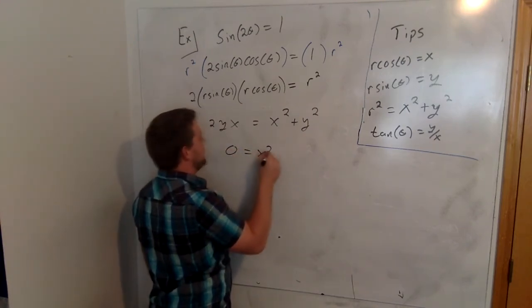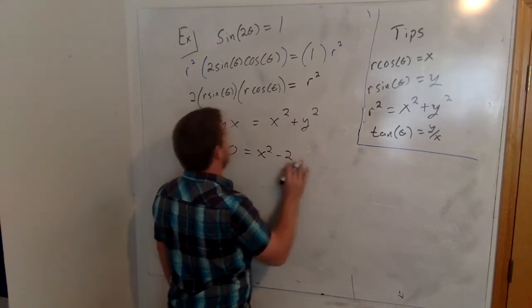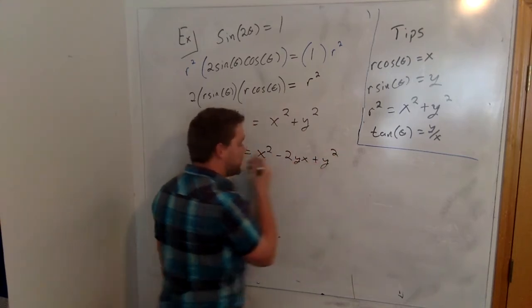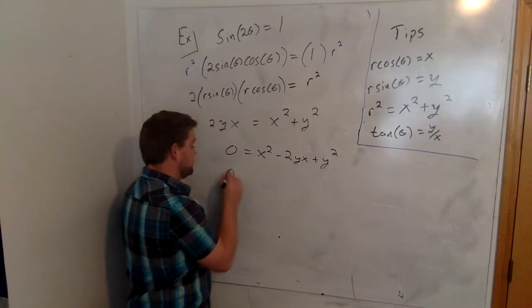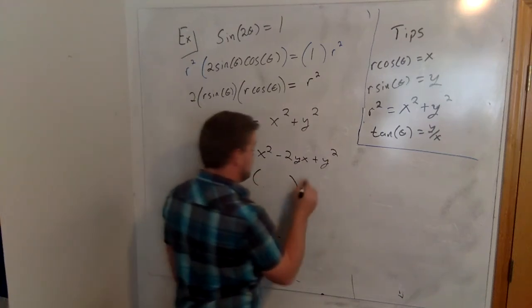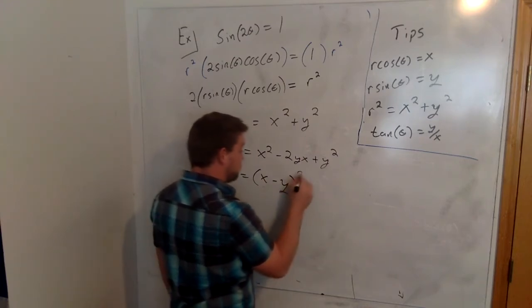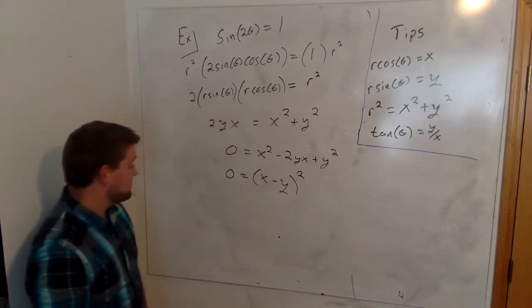How about I make this x squared minus 2yx plus y squared? And I think this actually factors nicely, to x minus y squared. Go ahead and FOIL this out. I think these are going to be equivalent.